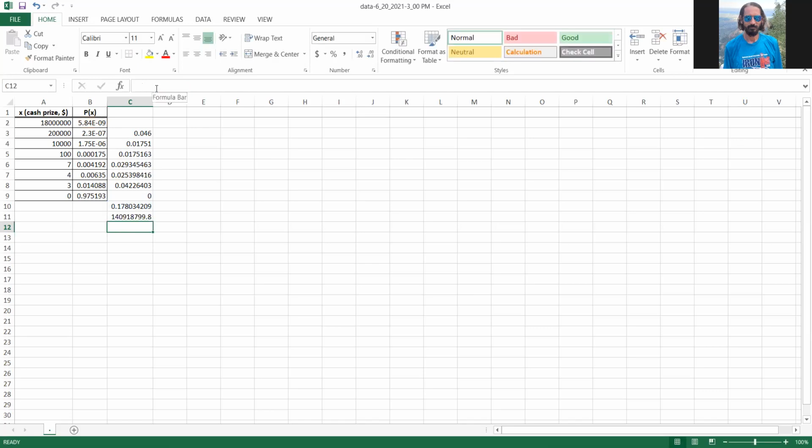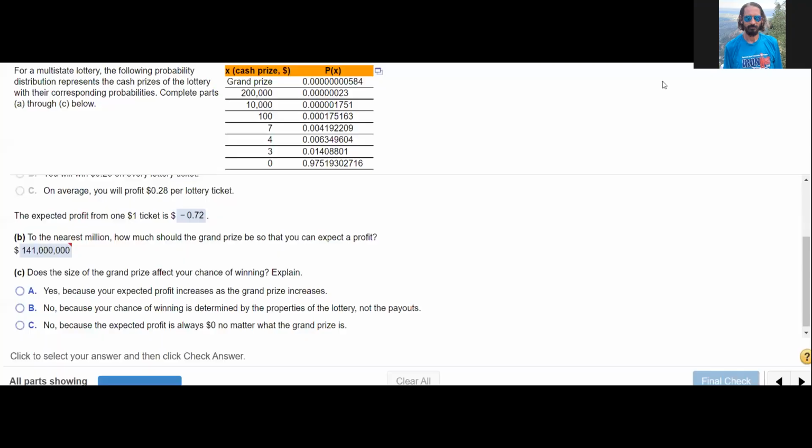Now, if I round that to the nearest million, I do get 141 million. So, okay. Now that's a lot higher than 18 million. So I would not expect that they wanted guess and check there. So if you try something out like what I showed and you're off, well, try lowering how much that profit would be. So it would have to be something bigger than the cost of the ticket though.